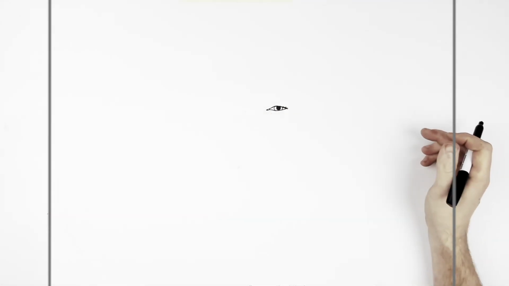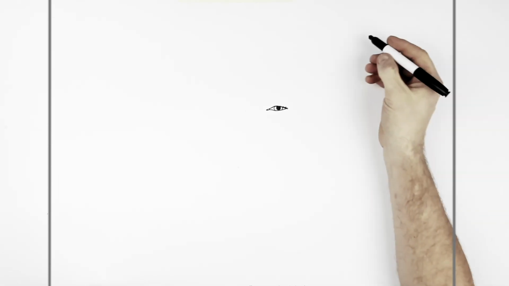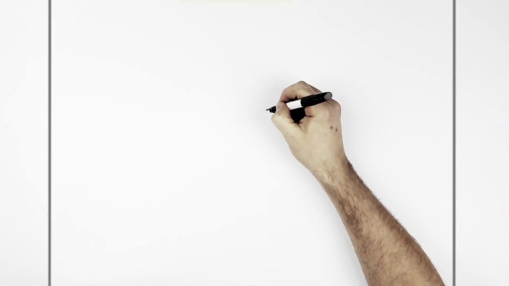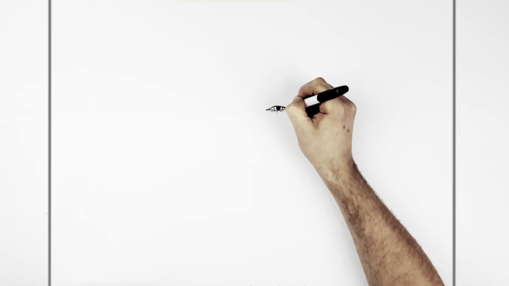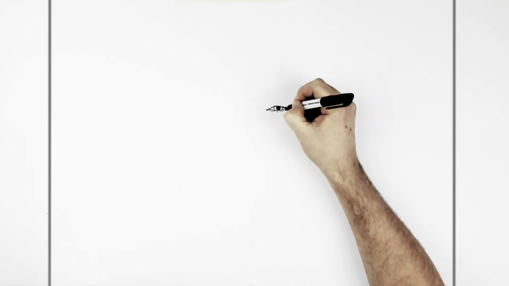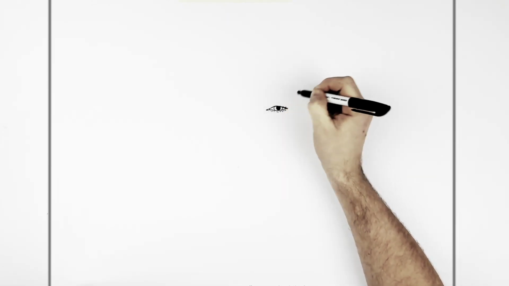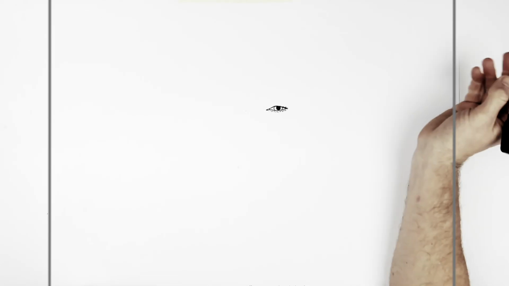Right, so then we have bottom eyelashes, dots and dashes coming off here, and they're fairly light, so you don't have to do too much.